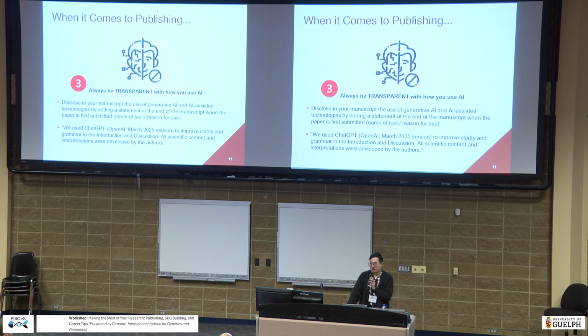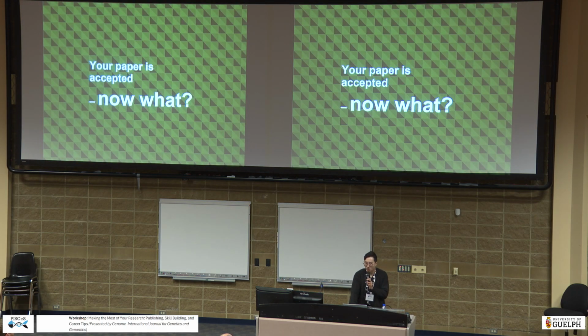So if you use AI to help with English writing, formatting, anything, it's useful to just indicate in the manuscript that you used AI for a specific purpose, so that if any errors are caught during the peer review process, we know that it was likely generated by accident, and it was never intended to mislead anyone.